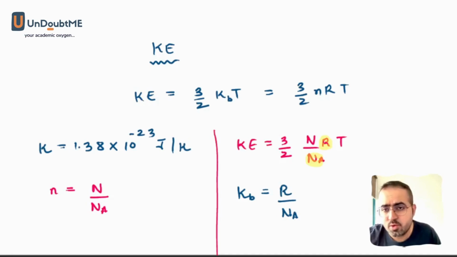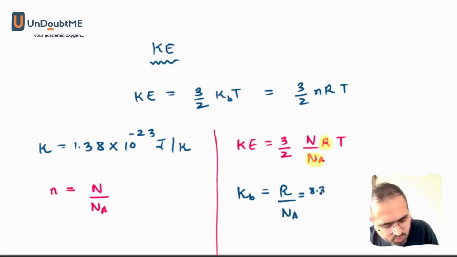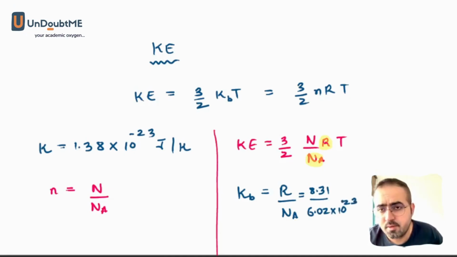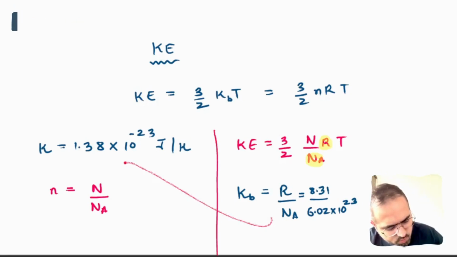Now we know that the value of R is around 8.31 joule per Kelvin per mole, and the value of Avogadro number is 6.02 times 10 to the power 23 per mole. When you divide these, you get the value of the Boltzmann constant, which is visible here.